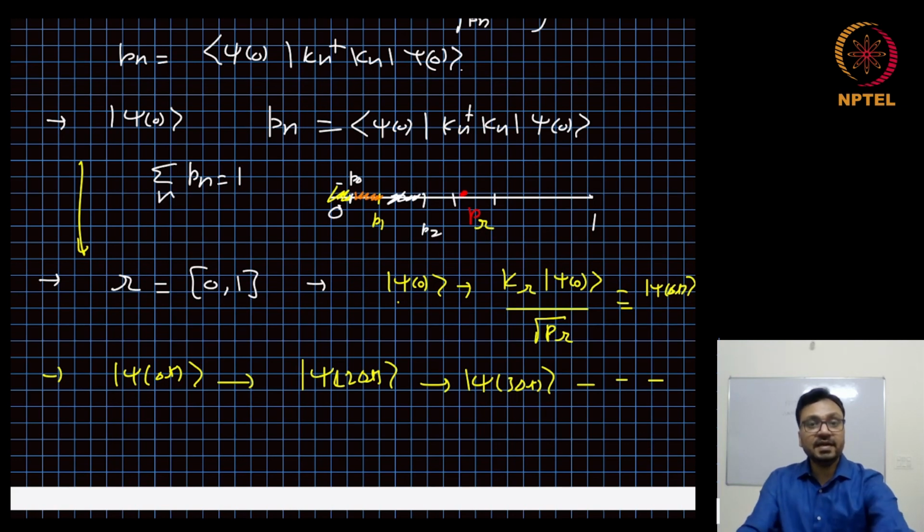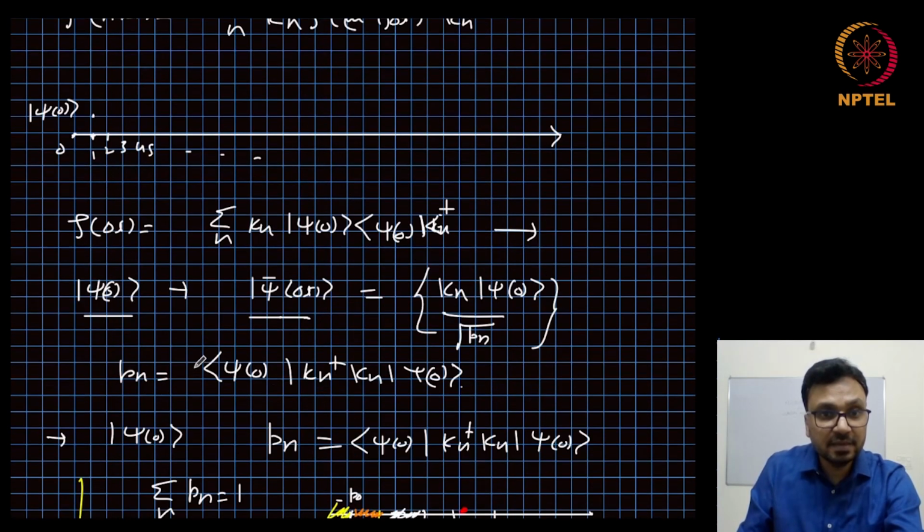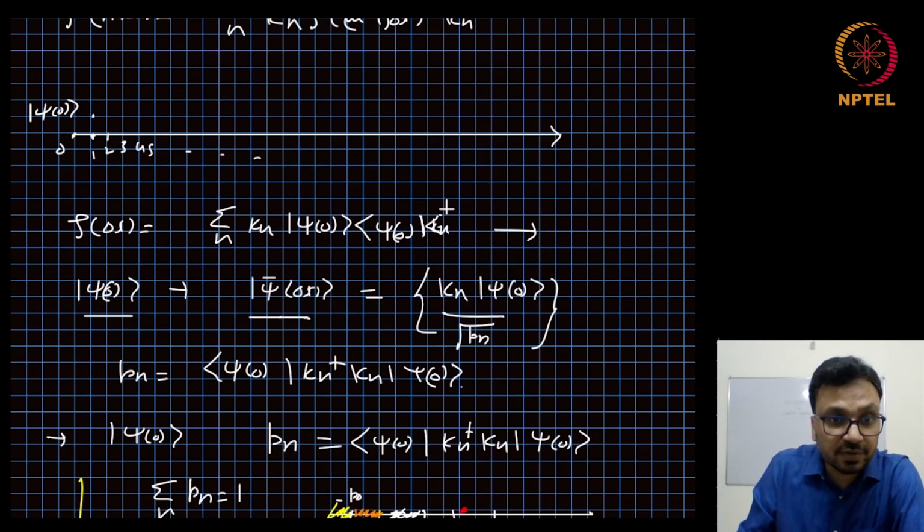In that way, we will get a sequence of states. We started from psi of 0, got some state, then some other state, then another state at each time, and this forms a trajectory.